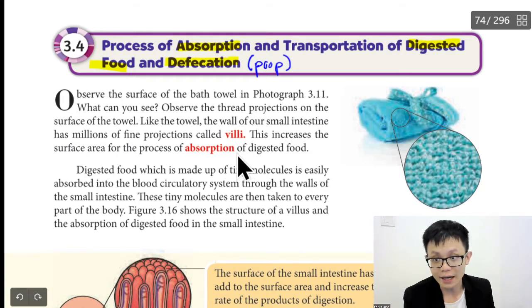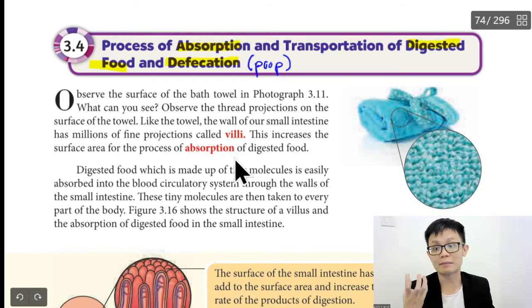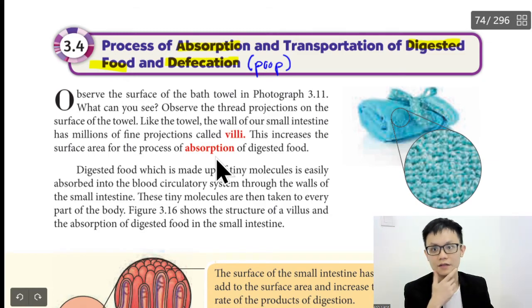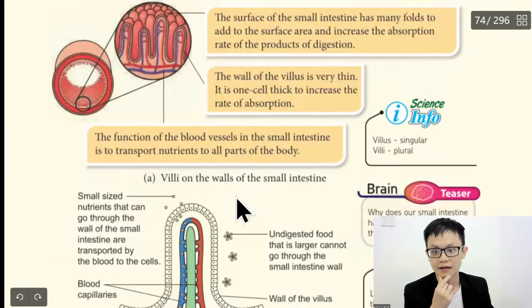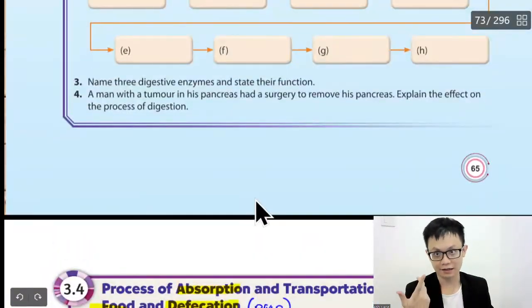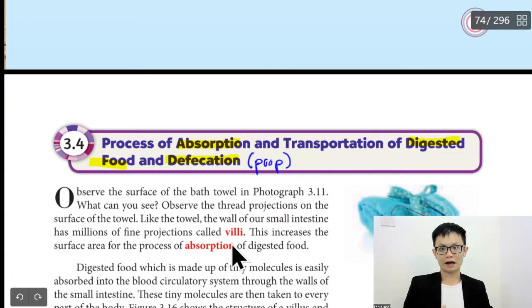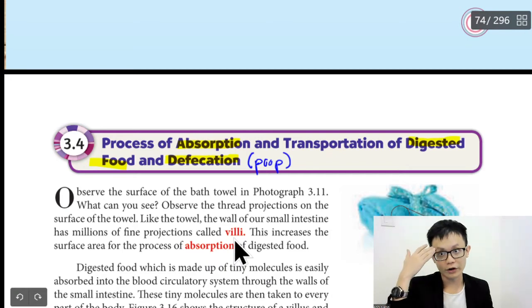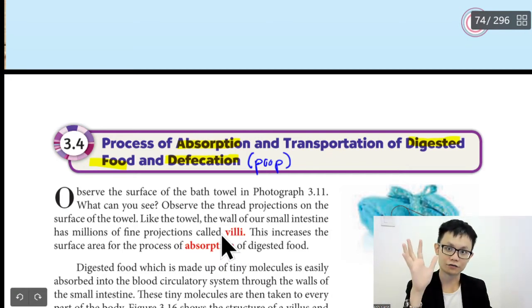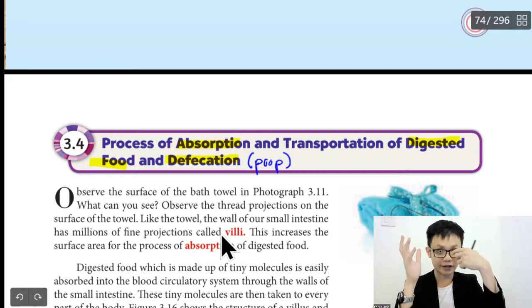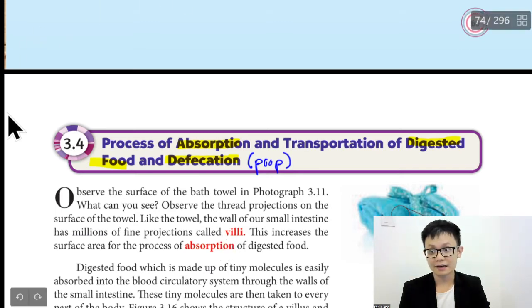So how does our stomach absorb the nutrient? After you eat, how do the protein and the vitamin go from your stomach to your brain and your hand? Basically, after we eat the food, this is the mouth, this is the eye, this is the nose.